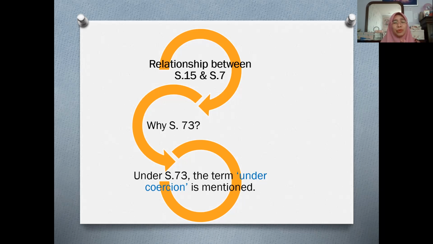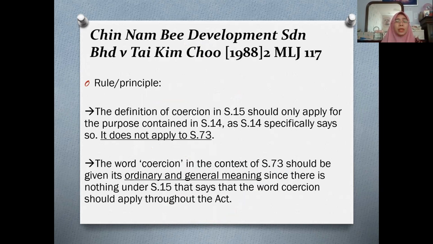But for section 73, the question is whether we should relate 15 and 73 together, because the definition in 15 is narrow, and analysis says it is more or less obsolete as far as application is concerned. So when we talk about 73, the answer lies in this particular case.